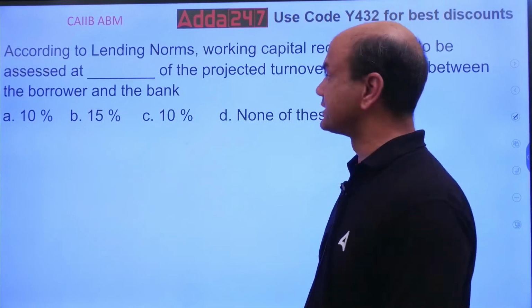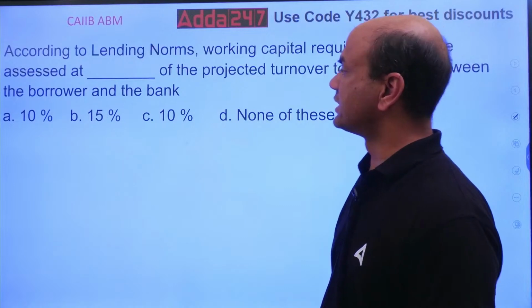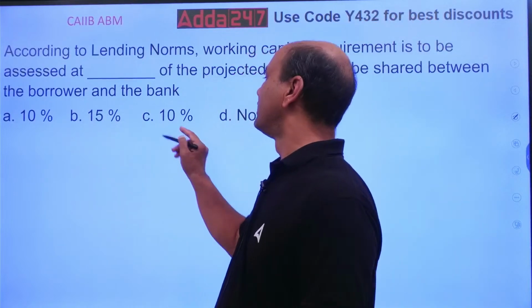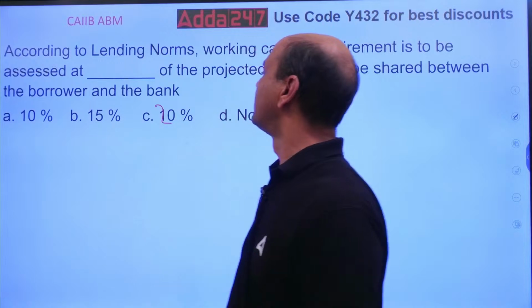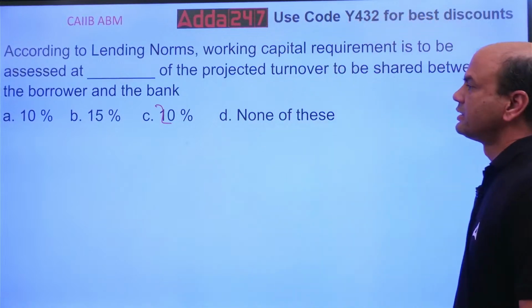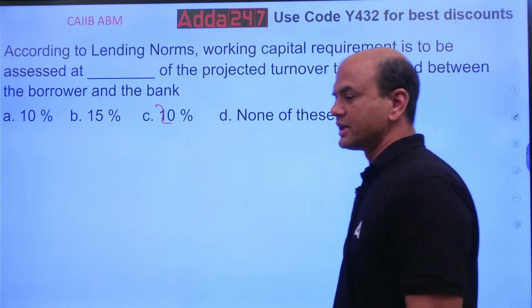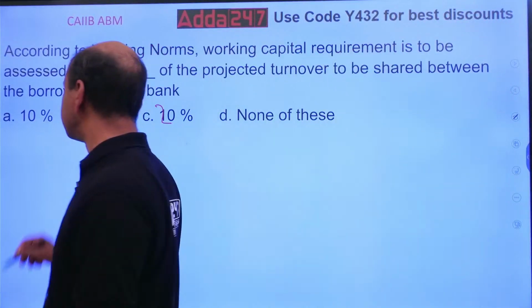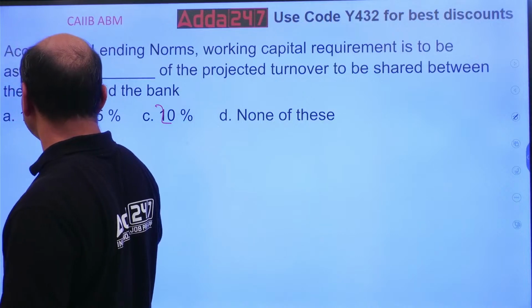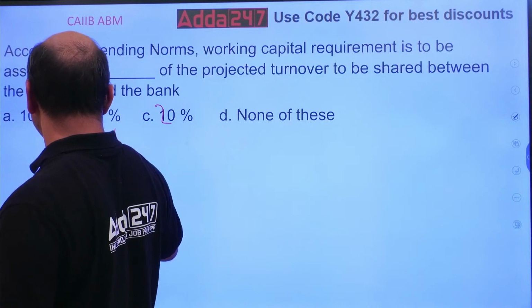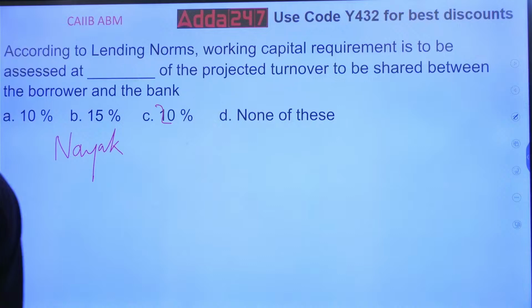What is the percentage? 10, 15, let's make this 20, which is to be shared between the borrower and the bank. So what is the answer, everyone? Nayak committee. Kindly note, Nayak committee for 5 crores. For any business up to 5 crores turnover, you have to follow this Nayak committee method.